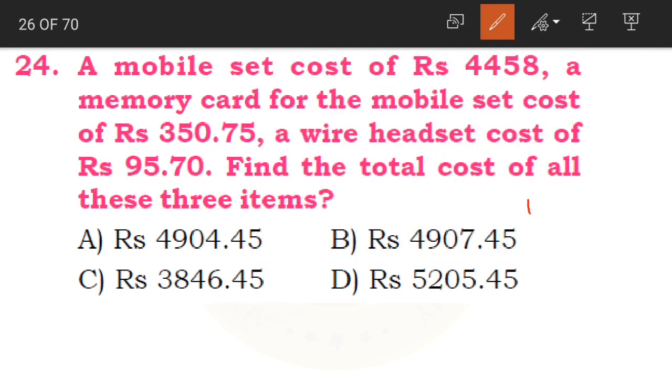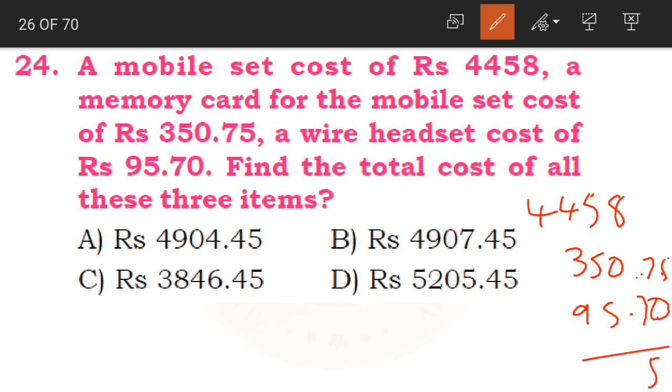Let me write it neatly here. 95.70. 5 plus 0, 5. 7 plus 7, 14. 4 here, 1 carried. 8 plus 1, 9. 9 plus 0, 9. 9 plus 5, 14. See, here we are having a point, right, children? So we need to write it in the sum as well after 2 digits. Now 4 here, 1 carried.